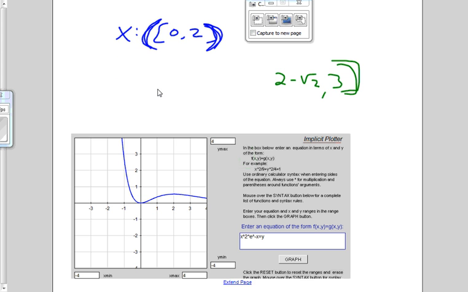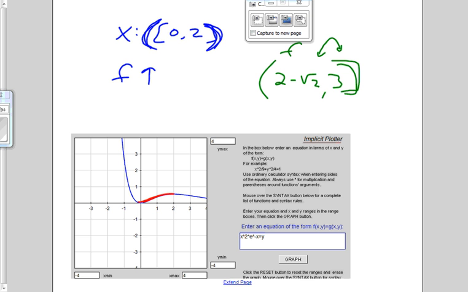So that blue piece is when we said the function was increasing. So this is when f is increasing, and in fact, it certainly is. From 0 to 2, it is increasing.